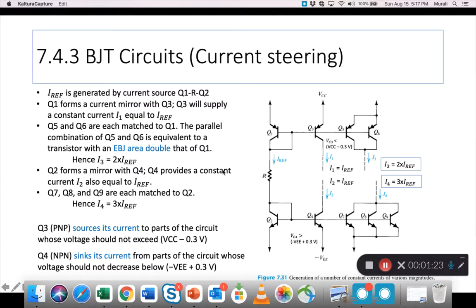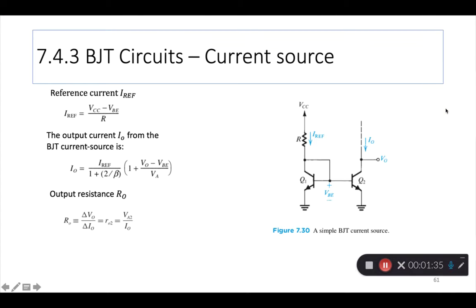First of all, the way the current mirror that is used to generate the source current I0 itself is slightly different. If you look at the previous slides, the resistor is connected to VCC and in the collector circuit of Q1, and then the bases are just directly tied together and the emitters are grounded.